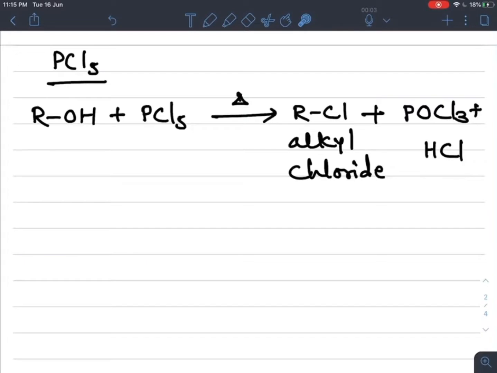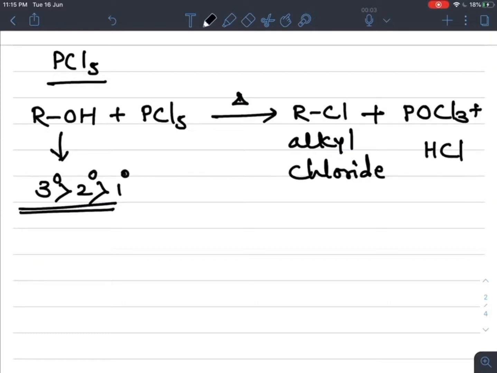In this case also, the reactivity order of the alcohol is the same, that is tertiary alcohols are highly reactive, then secondary, then primary. Okay, so this is the most important thing, and this reaction is already completed in the halogen derivatives.